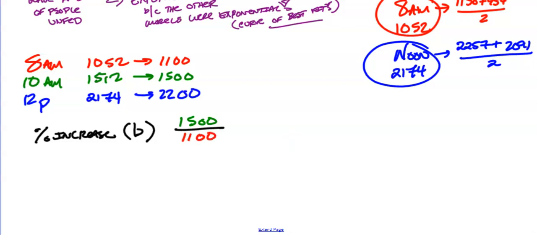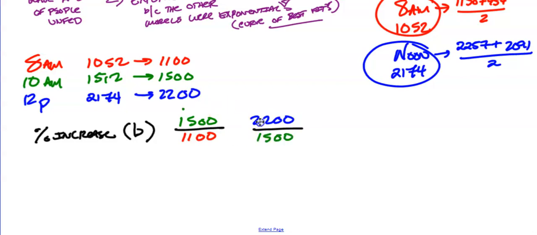And then we're going to take the 12 p.m. value, which is 2200, and divide that by what it was, 1500, and we'll get our percent increase.